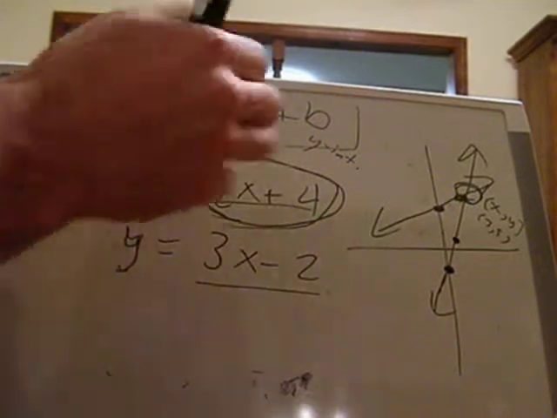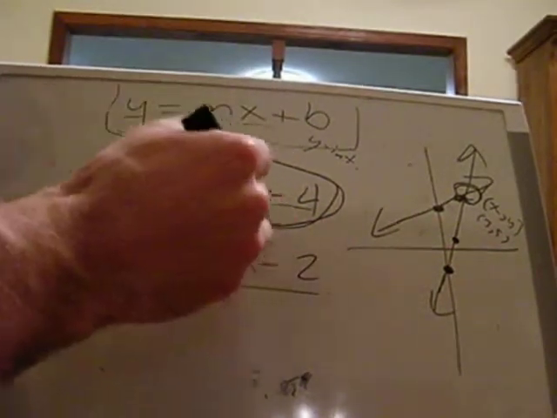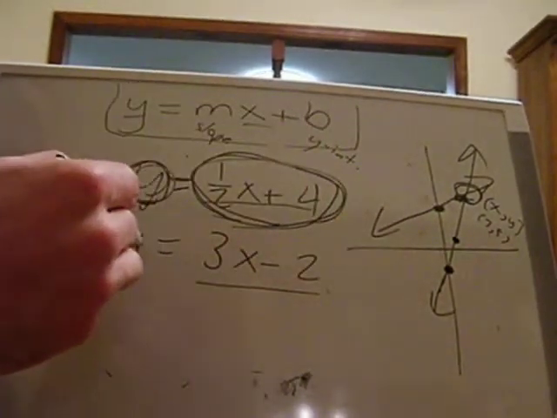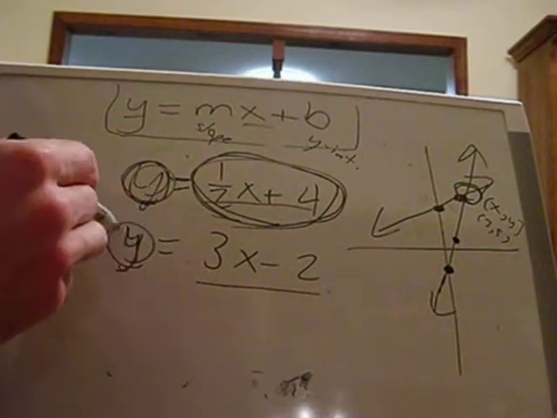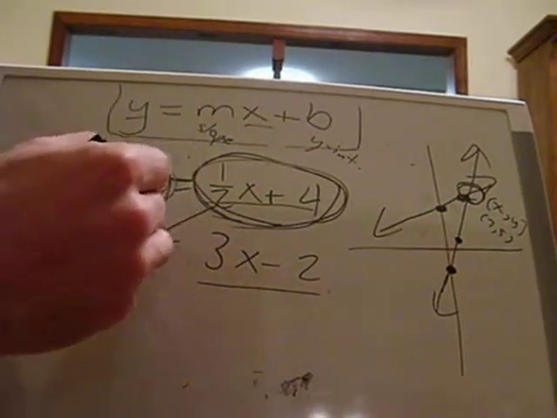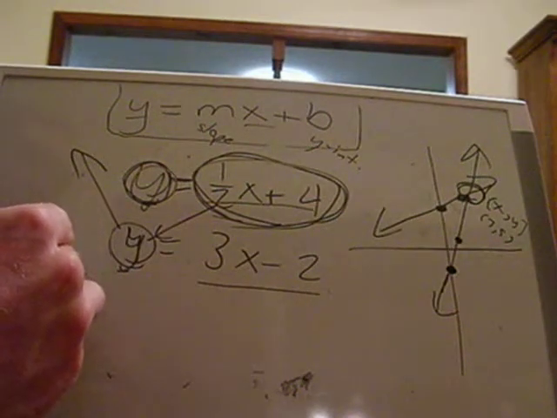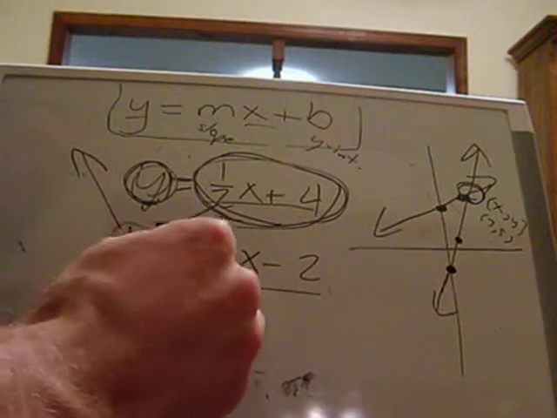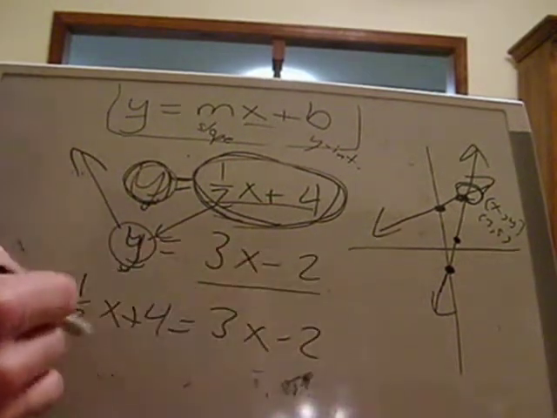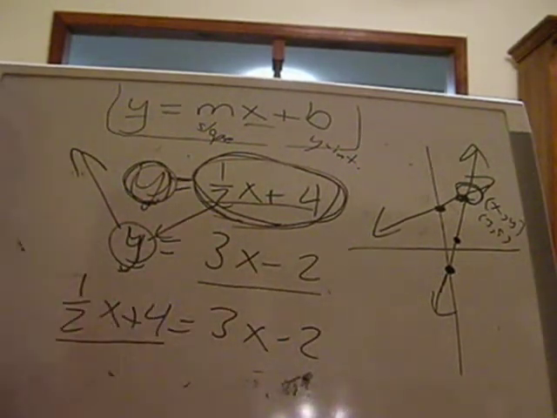They're the same value. So if I see a y, I can take it out and put this expression in. So go to this next equation, and I've got a y there. Well, I can take out that y, and I can put in this expression. So now I'll have something that says 1/2 x plus 4 equals 3x minus 2, because I just put this thing in place of the y.